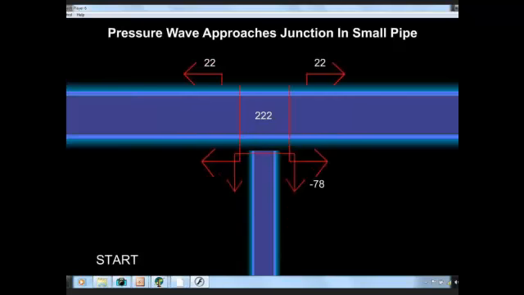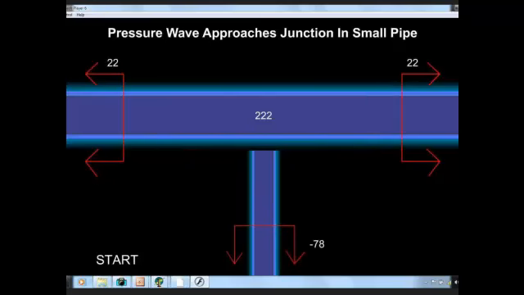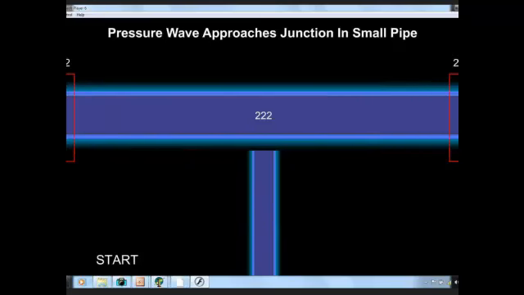So here's a pressure wave of, say, 100 feet coming down the line. The transmission coefficient is only 0.22. In other words, twice the area of this over, assuming the same wave speed approximately, the area of two 12s and a 6 gives you 0.22.